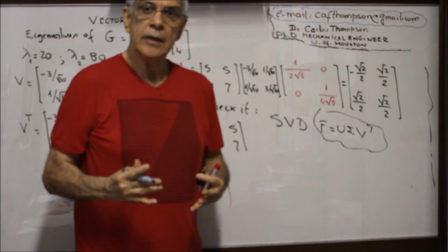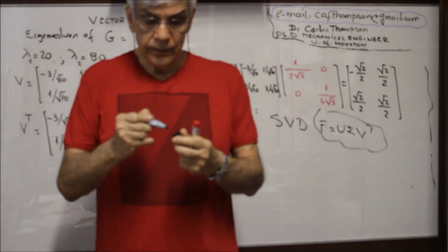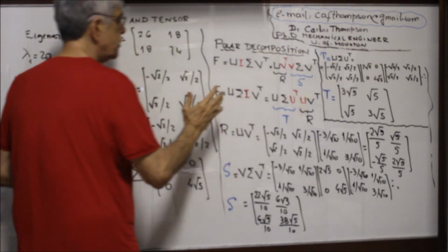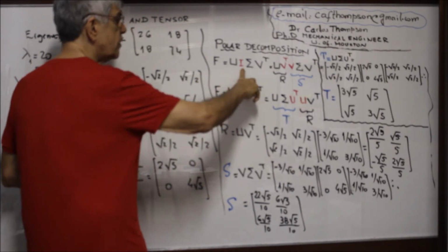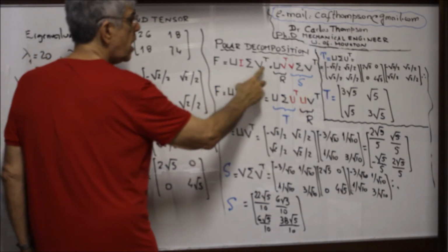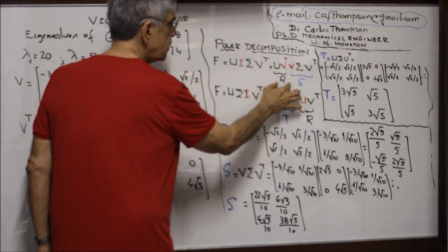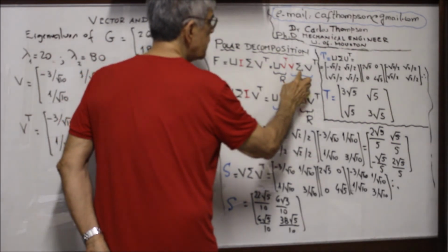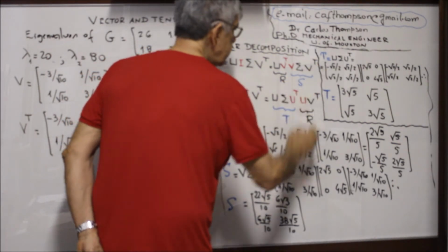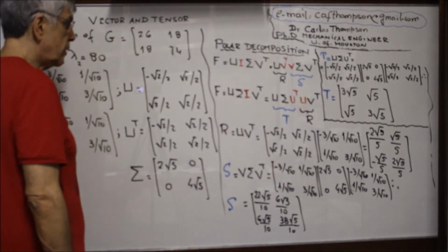Now, we are ready to calculate the polar decomposition. As we did before, F is U, and just put I over here. I is V transpose V. So, U V transpose is the rotation tensor, and V sigma V transpose is the right stretch tensor.